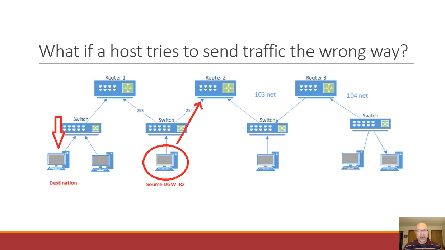And so if we think about this, router number 2 would have a static route that says that particular destination network is reachable via R1. Now, wouldn't it make more sense for that host to send this traffic to router number 1 to begin with? Well, the host doesn't know that. You can only pick one default gateway per interface on a particular host. And so in this case, it was configured to go to router number 2.